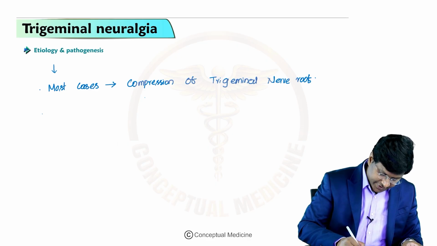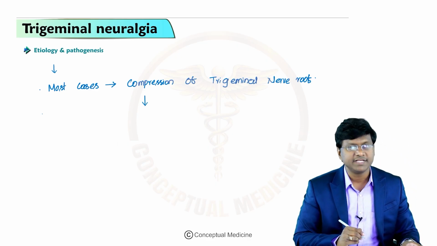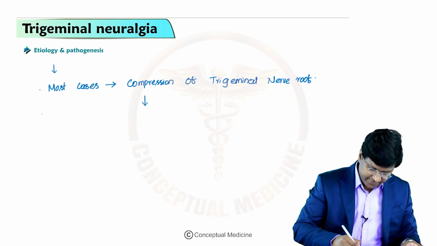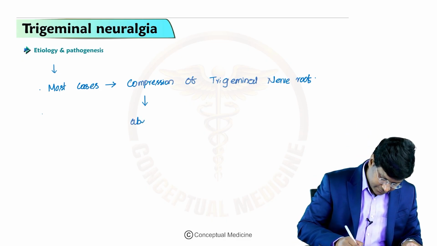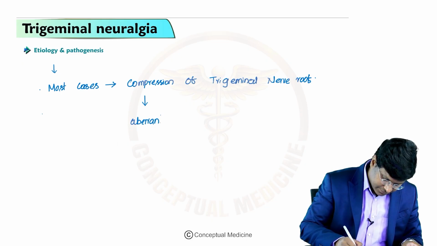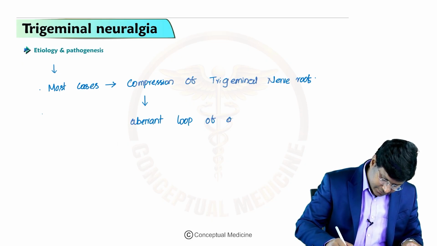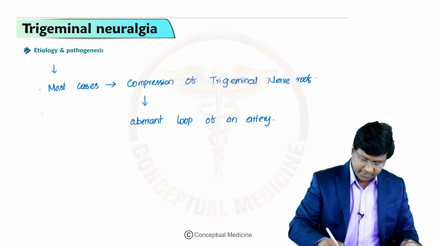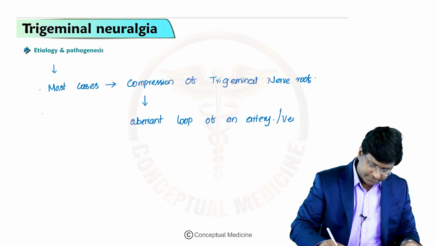This compression of the trigeminal nerve root is by an aberrant loop of an artery or vein.